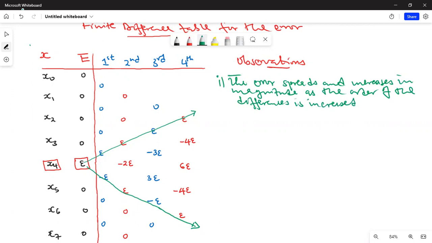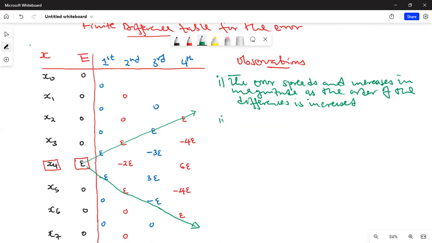And you can see it. If I were to include fifth order, sixth order, you'll see that these lines are diverging. So it means the error will spread more as we go to higher and higher order differences.